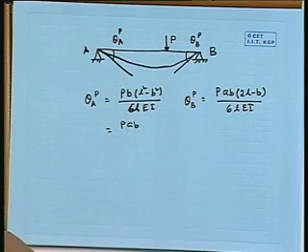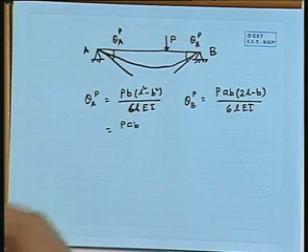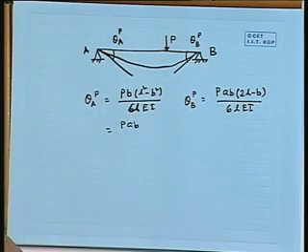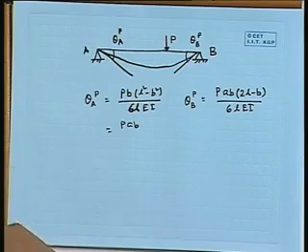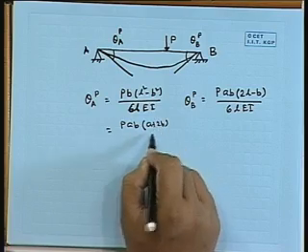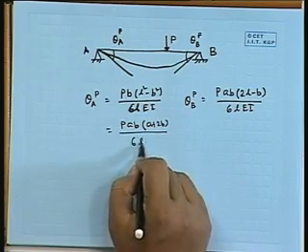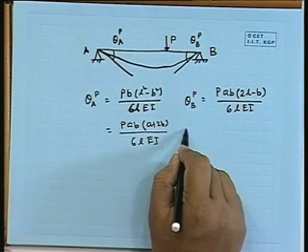So L minus B we have taken in the form of A, and L plus B. L is what? A plus B. So it will be (A plus 2B) divided by 6 L EI.